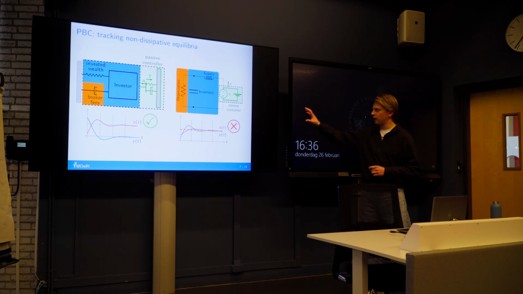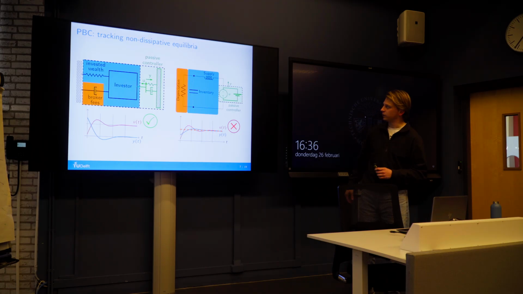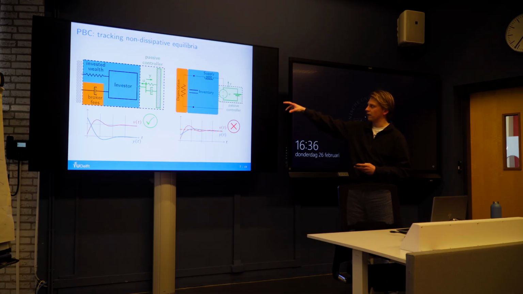On the right hand side, whenever we want to track some inventory, we are also going to have some supply inductance. And these are kind of linked in a way. So if I want to track anything, I'm going to have dissipation, also at the equilibrium point I want to go to. For this system, it just so happens that there is no dissipation when I'm going to this equilibrium point.